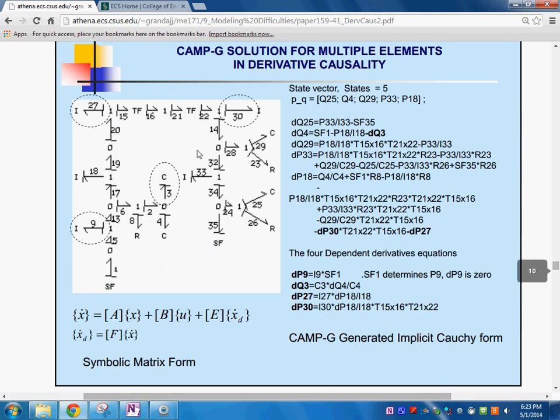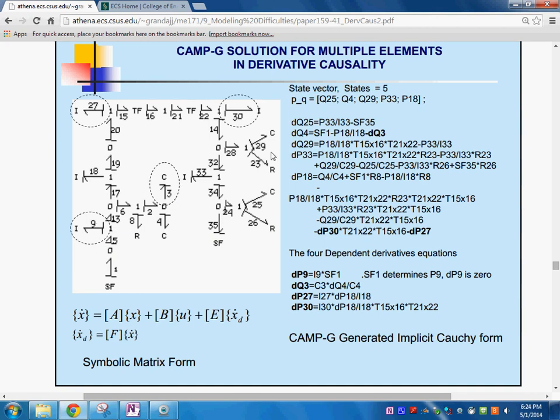And this derivative causality, and here you can also modify, like we already said, we can modify the equations, but in this case, you have four derivative causalities.